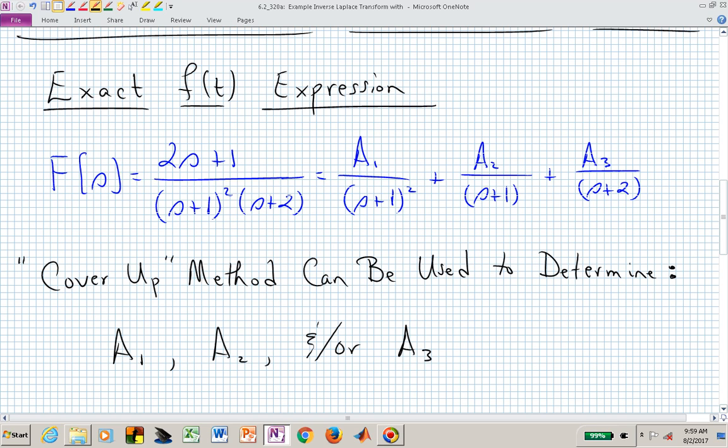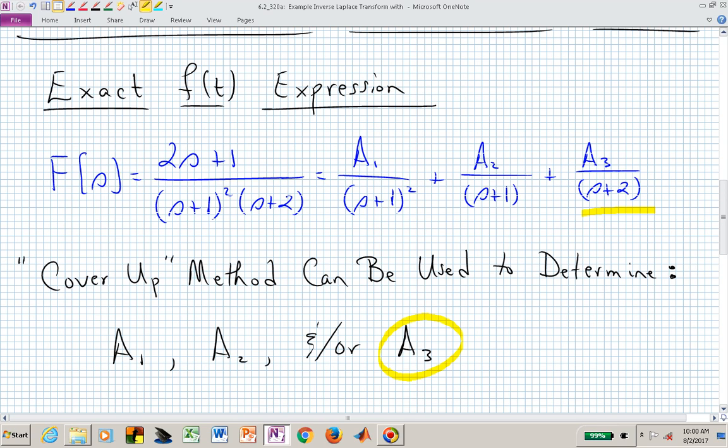With that being said, now you have to ask your question: can we find any of these a sub 1, a sub 2, or a sub 3 using the traditional cover-up method that we've been using most of the time, or all of the time, when we had distinct roots? Here you can actually use the cover-up method. I think it's pretty clear that you can use that for a sub 3. That's a distinct pole. But now, here's where you might get tripped up.